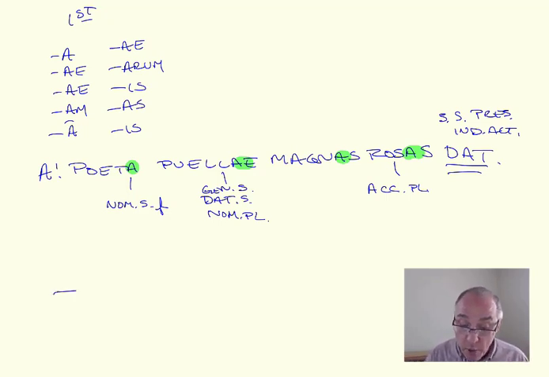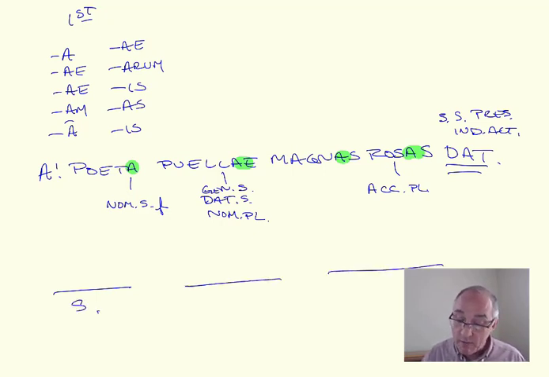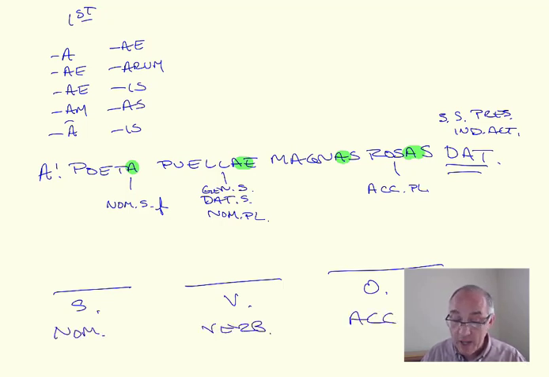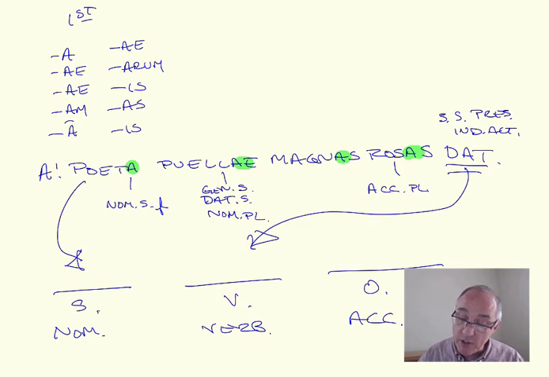So if we want to put it in subject, verb, object, in other words, nominative, verb, accusative, then poeta has to go here, the verb has to go here, and the accusative has to go here. Back up a half a step. You don't have to do it this way. I'm just using this to illustrate how this all works.